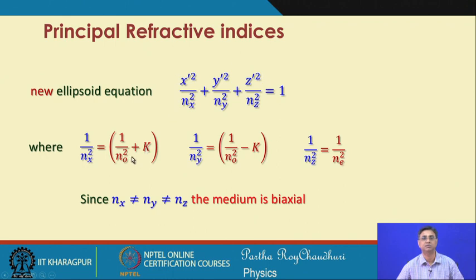So, n x will be represented by this, n y by this and n z by this. Now, we can see that the medium is a biaxial medium. We will discuss this case alongside the diagonalization case when we take up the example case studies next time.